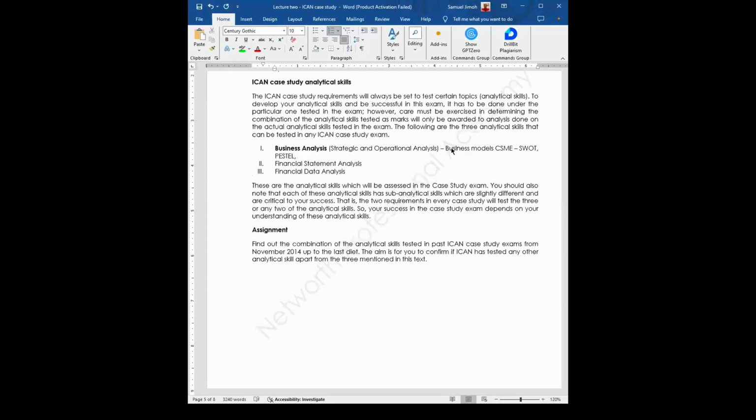We could also talk about the value chain model, Porter's 5 forces model, and a lot of these models. These are the tools that you can use whenever a requirement asks you to do business analysis, to solve that particular requirement.